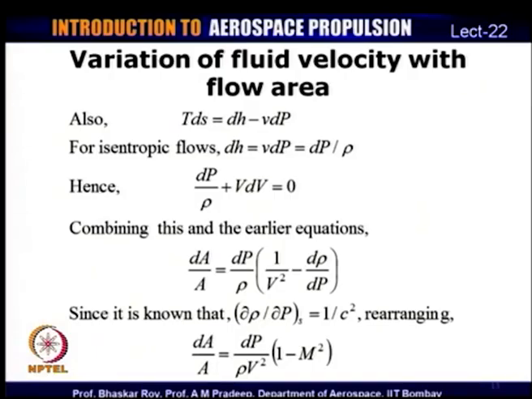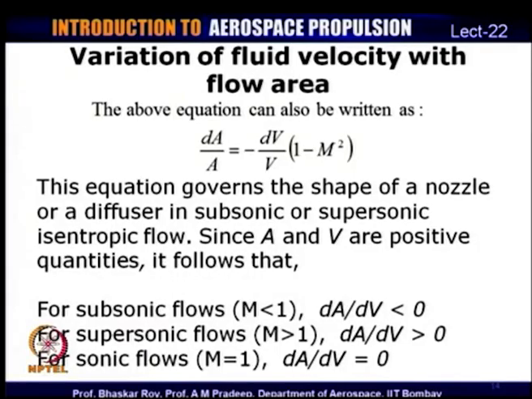From dP by rho is equal to minus V dV, if we rearrange that equation, we get dA by A is equal to minus dV by V into 1 minus M square.